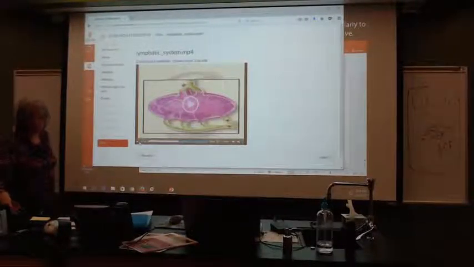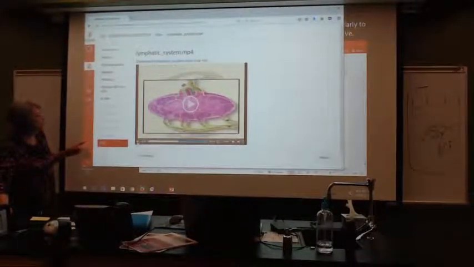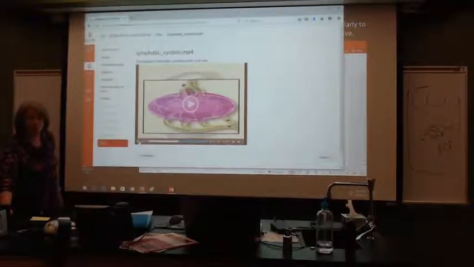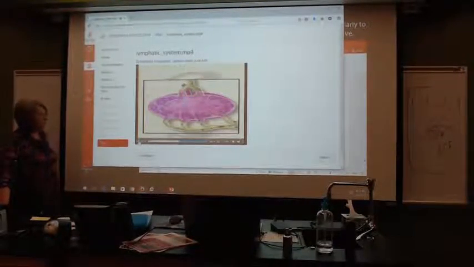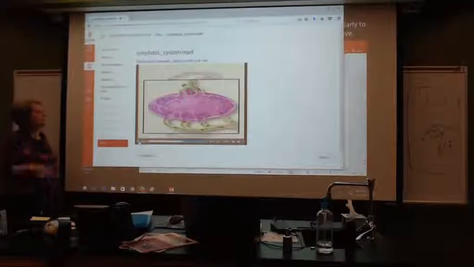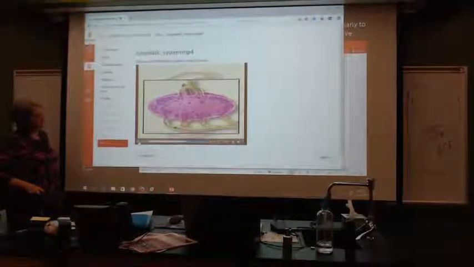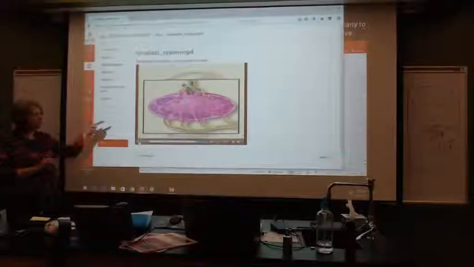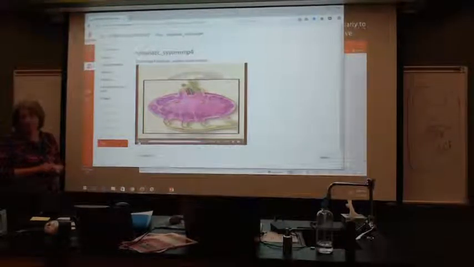All right, so watch what happens to the lymph flowing in and these little particles, the foreign substances, getting left behind. Along the way, the lymph is filtered through several lymph nodes where it is inspected for foreign substances. You see what happened? The foreign substance was hopefully getting taken care of in the lymph node.